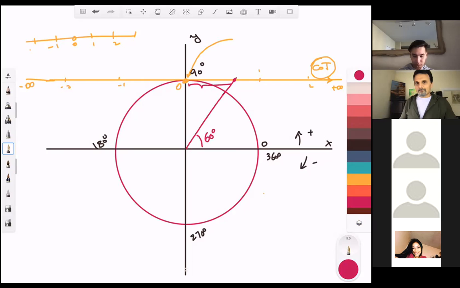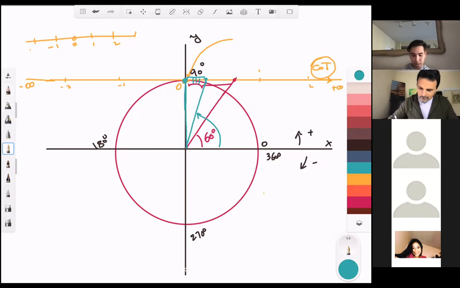Now if I ask what is the cotangent of 80, this will be 80 degrees. I let the line go, so this much will be the cotangent of 80. It's smaller than the cotangent of 60. When I get to 90, there's no length, it's only 0. There is no distance. So it's going to get smaller, smaller, smaller.